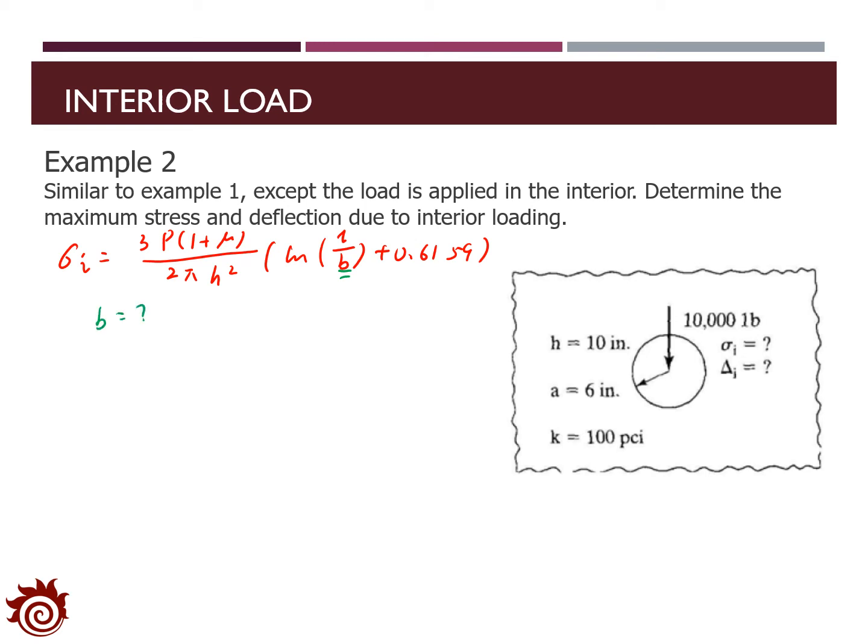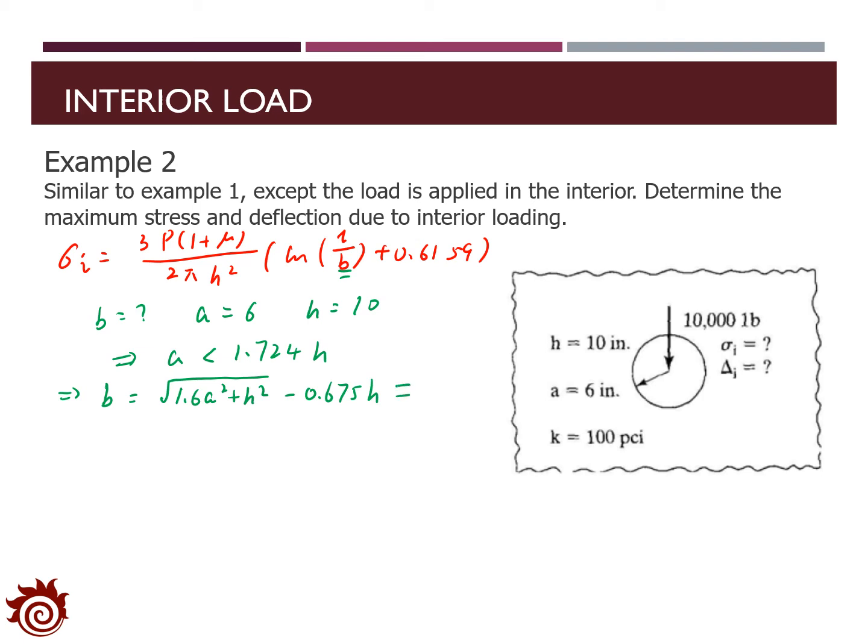To find out the value of b, we first need to check the condition to compare a with 1.724h. Here we know a equal to 6, h equal to 10. Then clearly we have a is less than 1.724h. With that, we can use the equation b equal to the square root of (1.6a squared plus h squared) minus 0.675h.